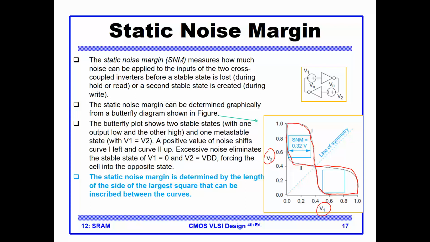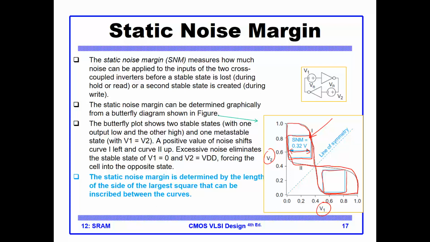Now, to compute the noise margin, once we plot the characteristic curve, we try to draw the largest square in these envelopes, and the side of the square is the noise margin. So for this cell, if my noise is less than 0.32 volt, then I am safe. Otherwise, if the noise increases, I will risk flipping the data to an opposite polarity erroneously.